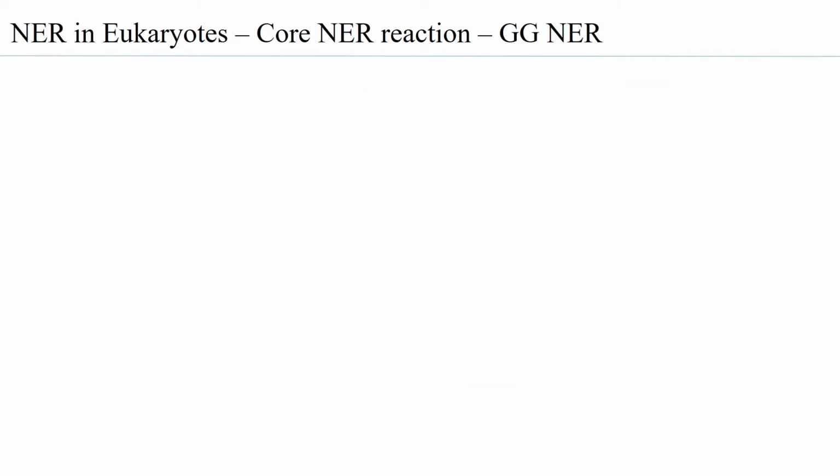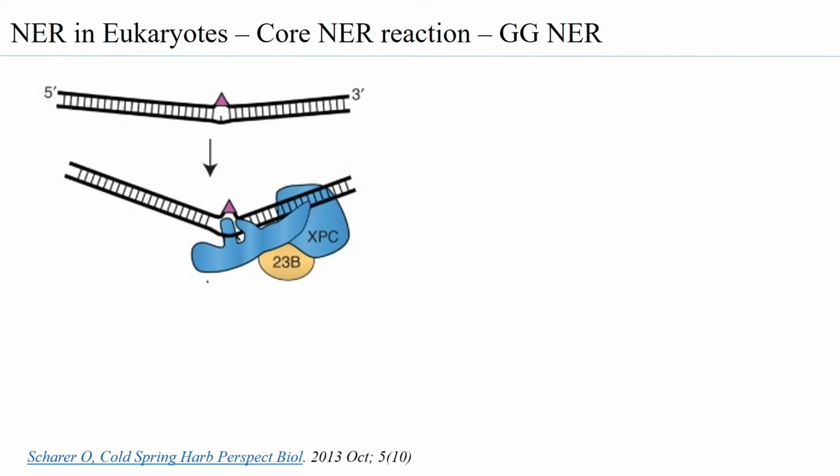Now, going further and looking at a more detailed understanding of how the GGNER works, whenever you have the lesion present in the DNA, it is first the XPC RAD23B complex that comes and binds to the DNA lesion.